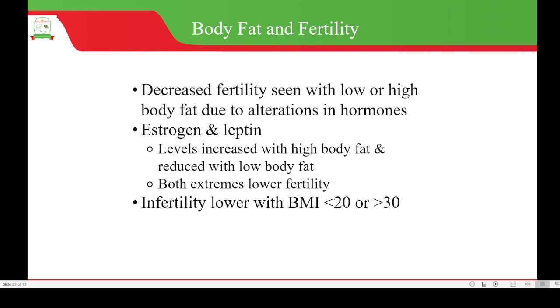Estrogen and leptin. The levels of these hormones are increased with high body fat, and they also decrease with low body fat because they are basically synthesized by fats. And infertility is lower with a BMI of less than 20 or greater than 30.